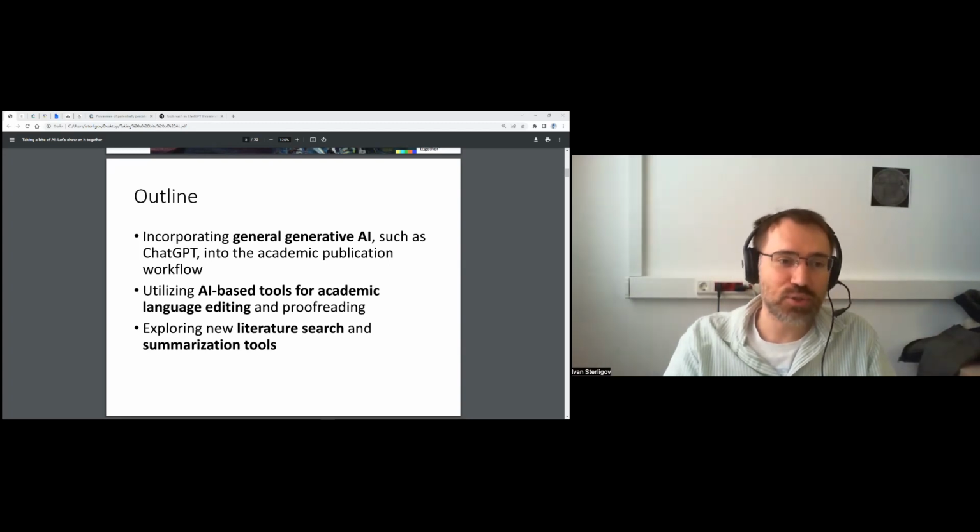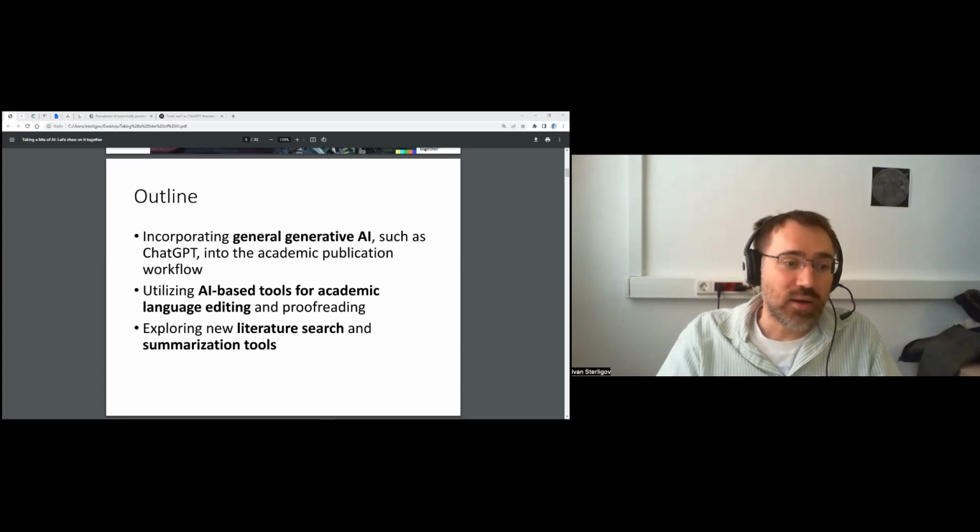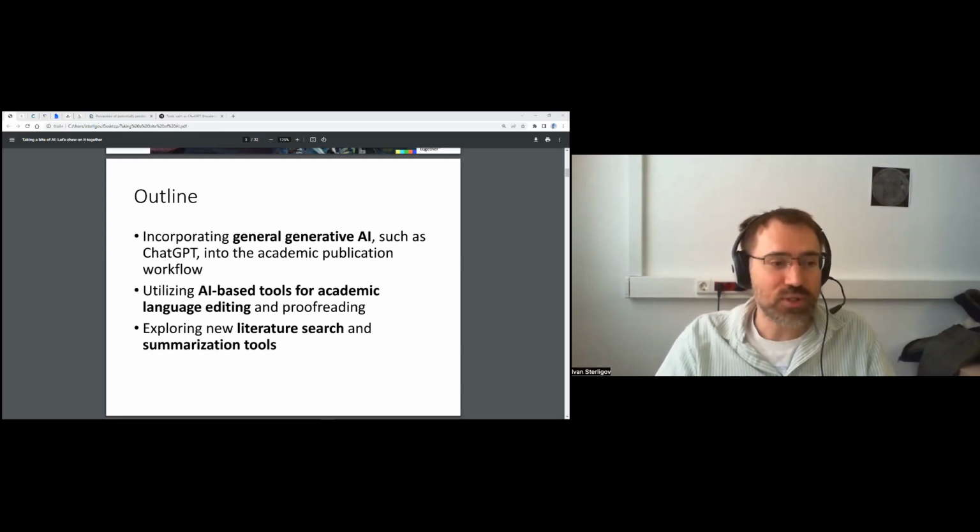But we use general AI as a way to refer to the tools which are not specifically geared towards academia and science communication, but instead are general interest tools and could be used elsewhere, not only in academia. And they are probably the most interesting innovations. Then we'll proceed to the specific tools which are tailored to be used in the academic scholarly workflow.